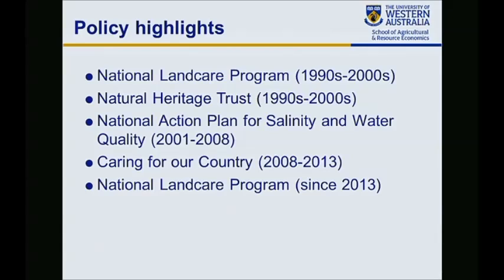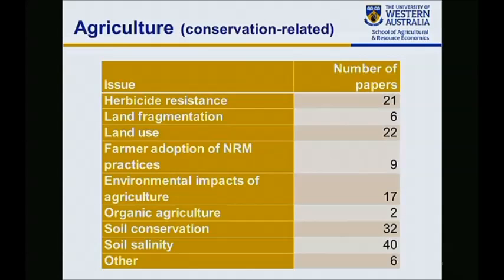It's a much more omnibus program with a whole range of different things in it. But since about the Natural Heritage Trust, Australia's invested something of the order of $200 million a year in these programs. So they're significant.